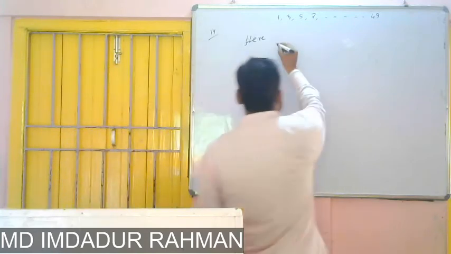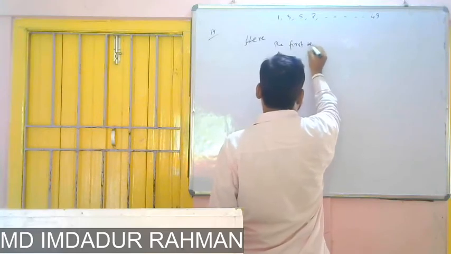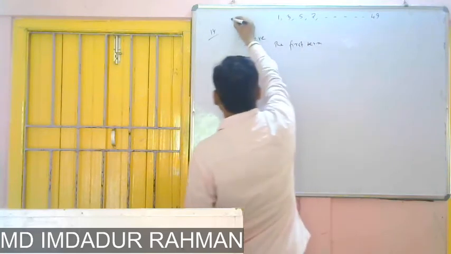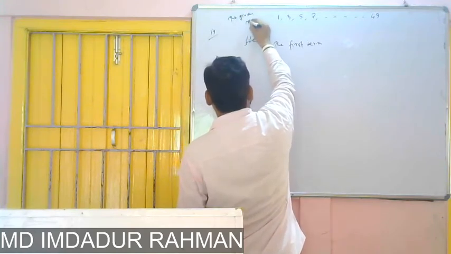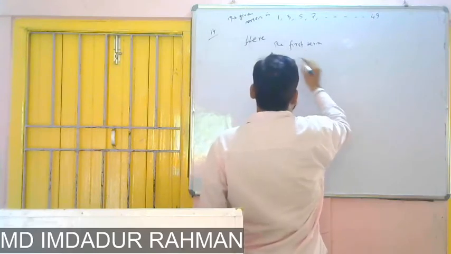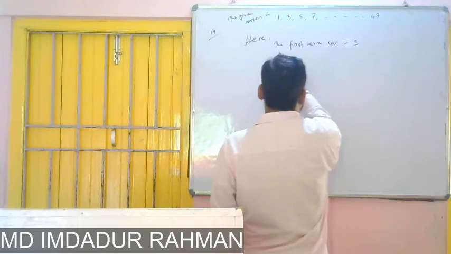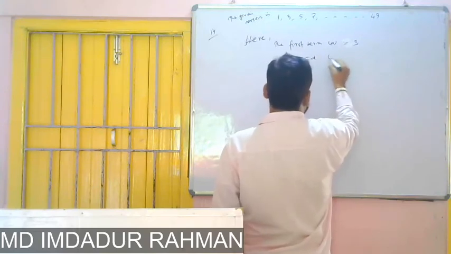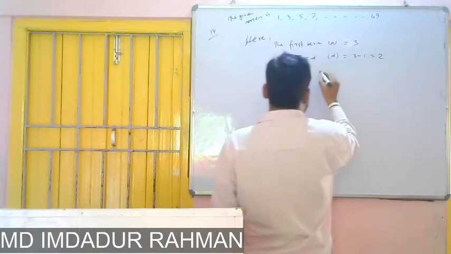So here the given series is like this. The first term a is equal to 1, common difference d is equal to 3 minus 1, that is 2.